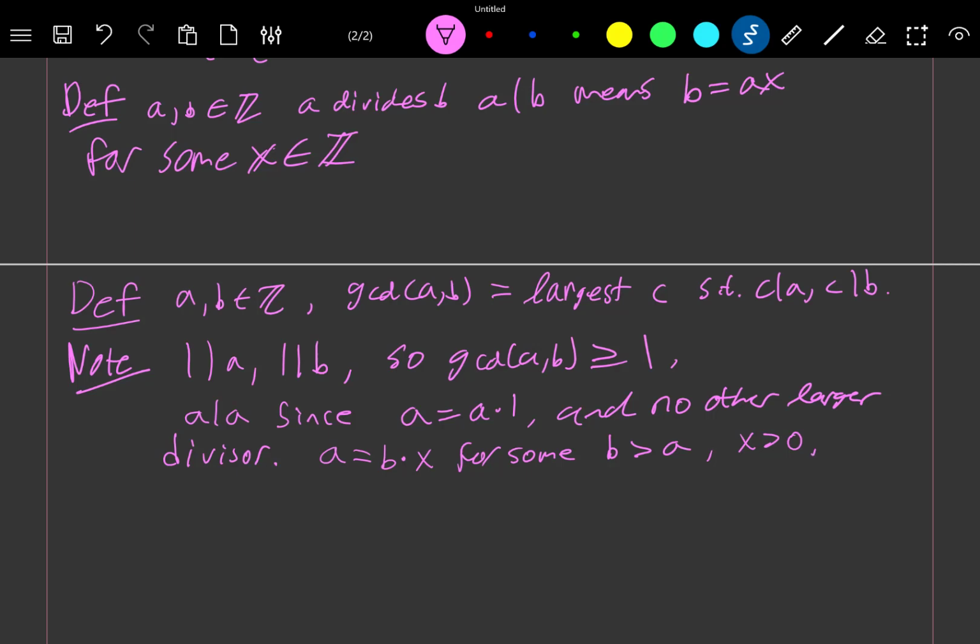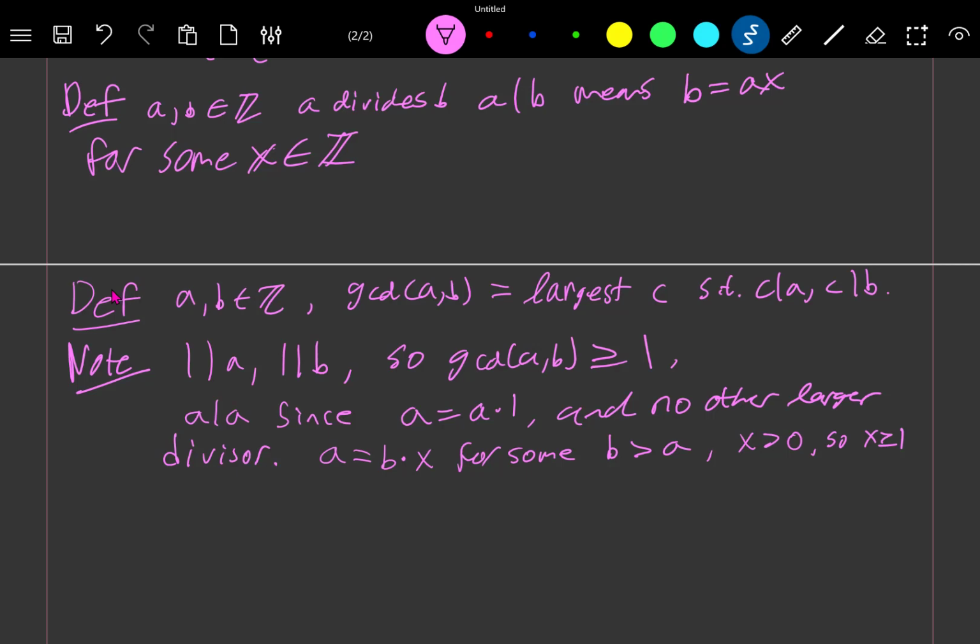So X is greater than or equal to 1, but then this right-hand side is strictly bigger than the left-hand side, because it's something bigger than 1 multiplied by something bigger than A. So we have that A is an upper bound for the GCD of A and B. So if you consider the set of common divisors, it is bounded above by A and B, either or. So we have that there will be a largest element.